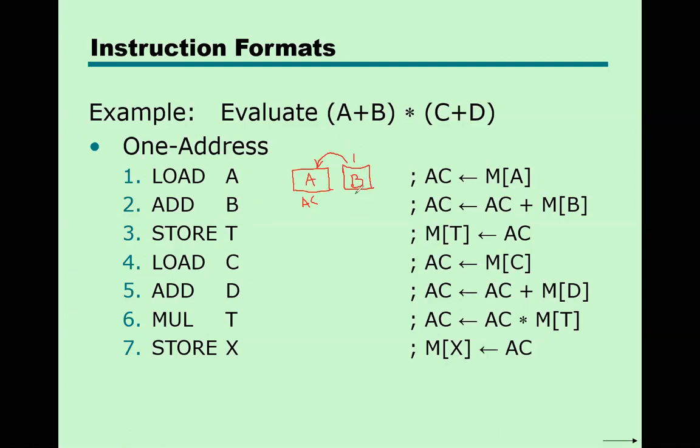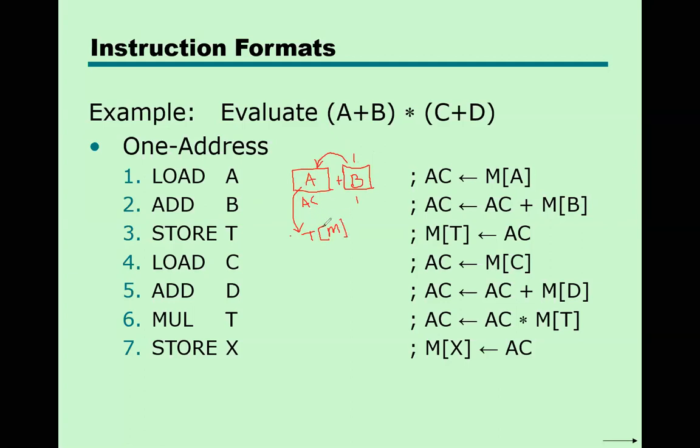So this is your one address space memory location. So this B is loaded here. Then we will perform the addition operation with accumulator plus memory location at B. So the addition operation will be performed, and this result we will store into a temporary memory location.